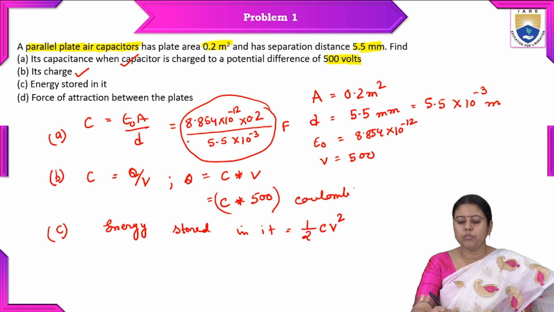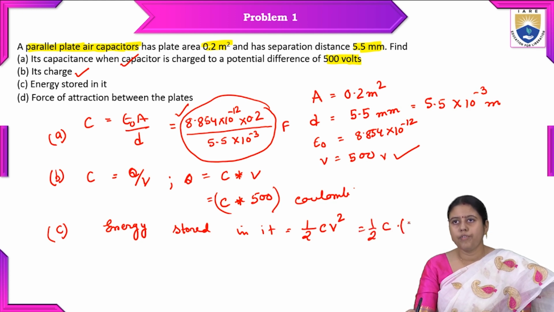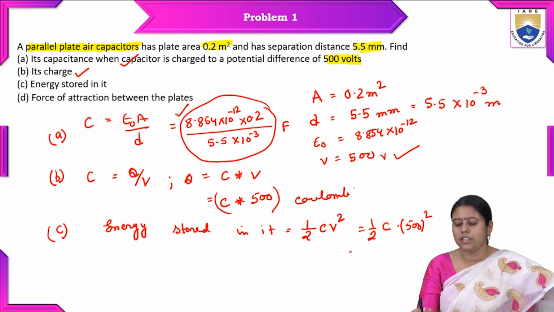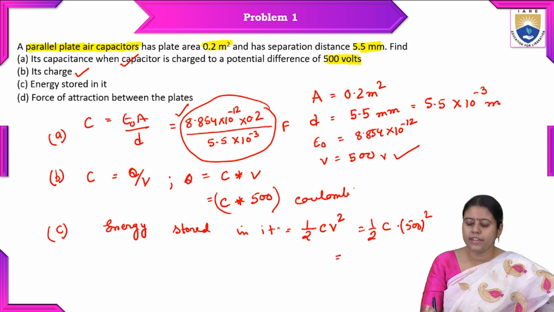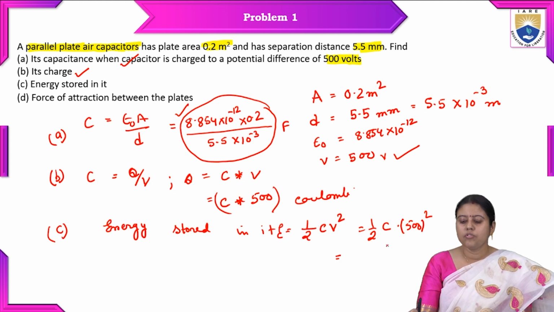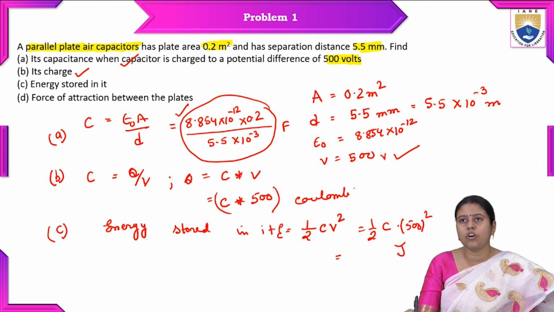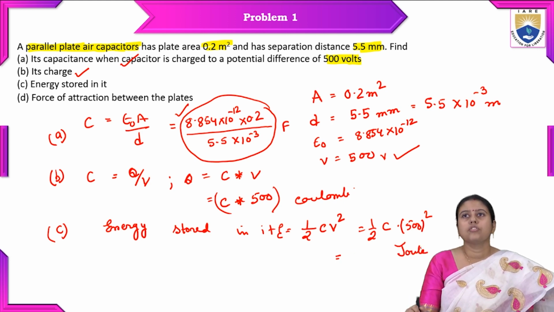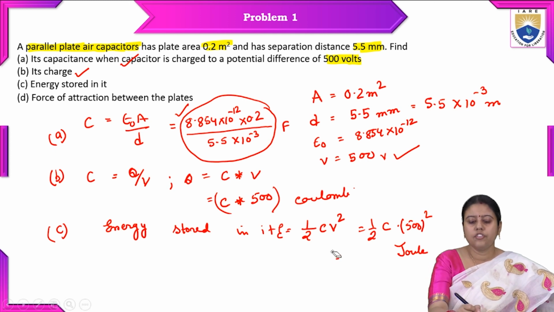The C value we will get from here, and the V value we know is 500 volt. So if we put the values, half C into 500 square, we will get the energy stored in it. I am writing the energy stored as E, and the unit is always joule.